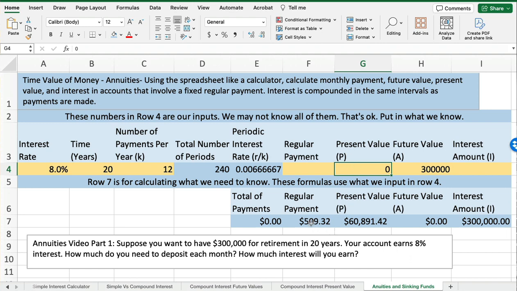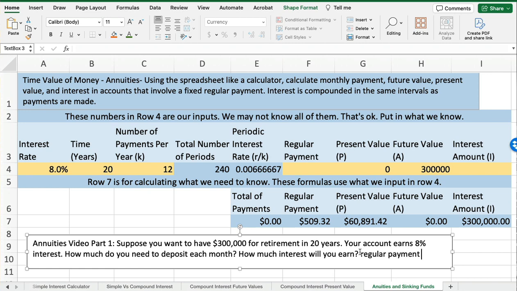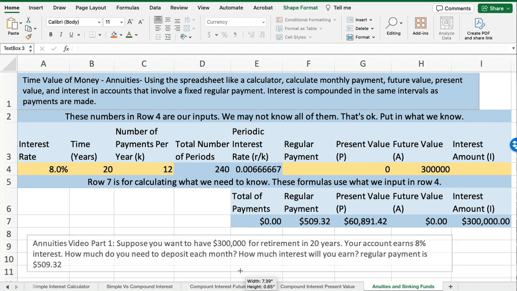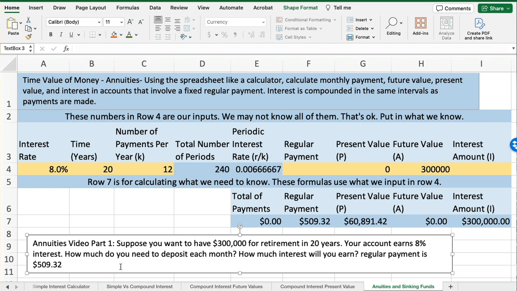Okay, so right off the bat, we have our regular payment. There's our answer there. So we need to put that down here as our answer. So that's going to be 509.32. Okay, so that's that. But we also need to know how much interest.